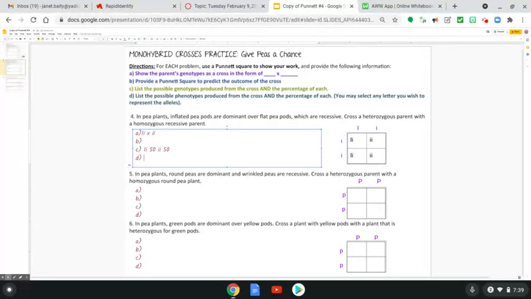So we have inflated, 50% because two of them have a dominant allele. Flat, we have 50% because we have two that have recessive alleles.